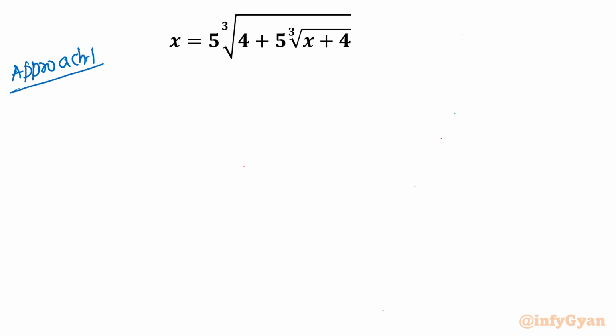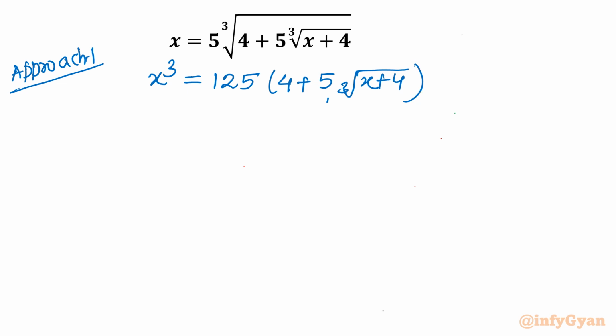Approach 1 would be to consider cubing and then use substitution. So let us consider cubing both sides. I will be writing x cube is equal to 5 cube, so 125, and then the cube and cube root will cancel, so I will be writing 4 plus 5 cube root of x plus 4.